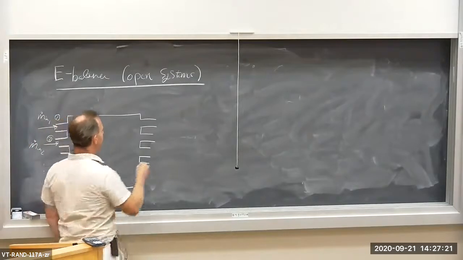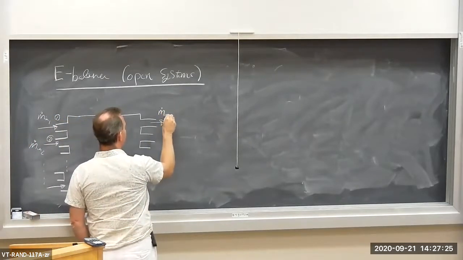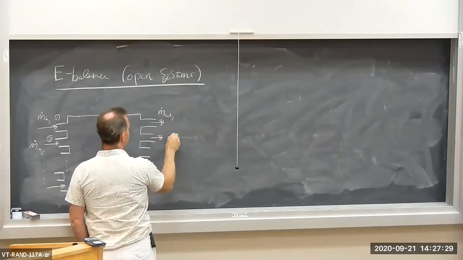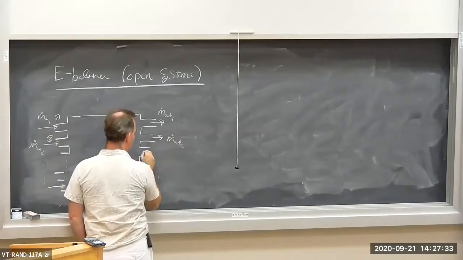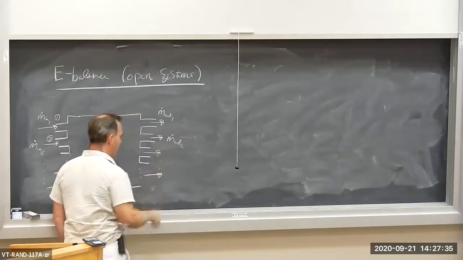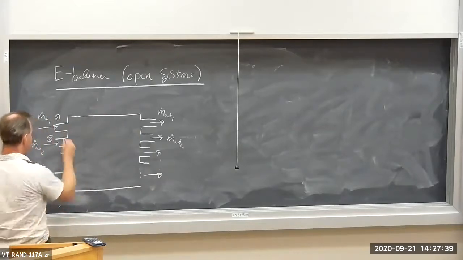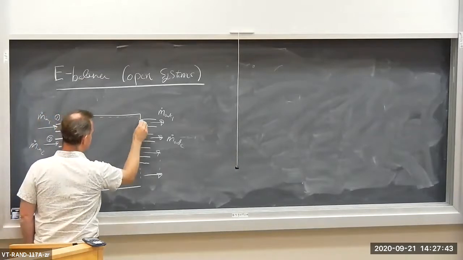Same thing on the outlet side. We have mass flowing out. So this is m dot out 1. m dot out 2, all these mass flows out of my system. And here's the control volume for my system. It's clearly an open system.